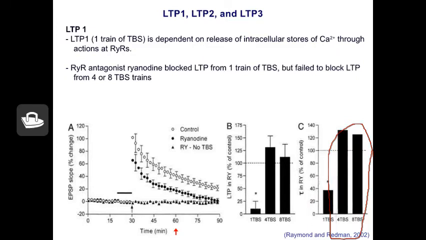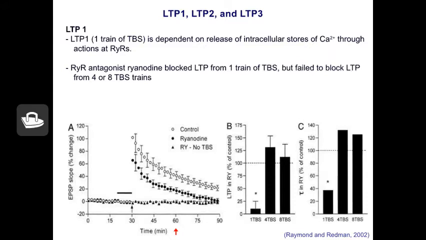Accordingly, it seems that the weakest form of potentiation, LTP1, is dependent upon calcium-induced calcium release through ryanodine receptors. It seems that the calcium influx through NMDA receptors is not enough to sustain that initial period of responsiveness.